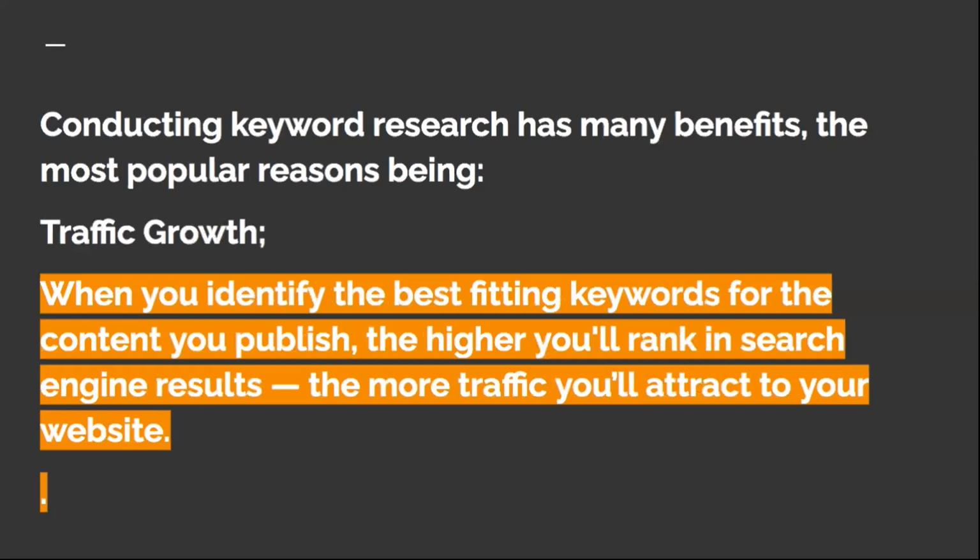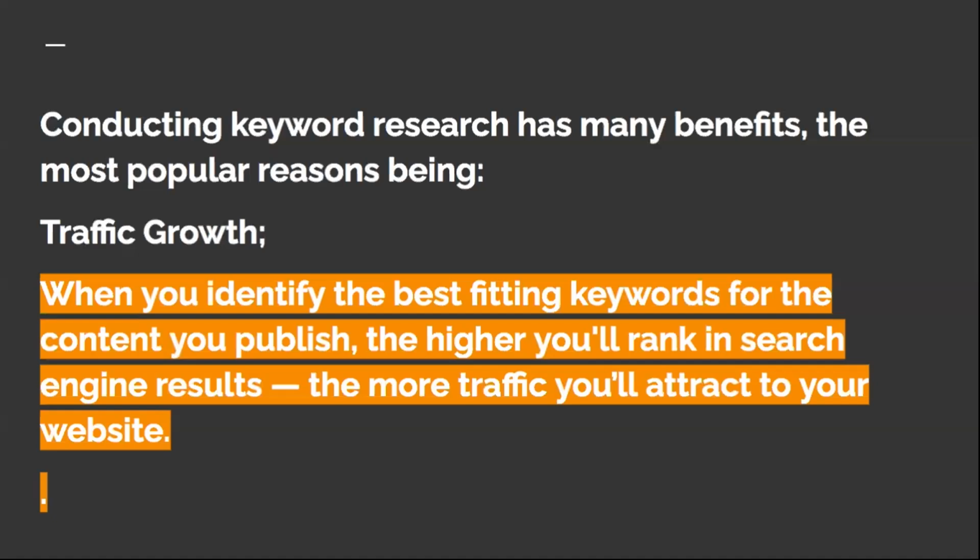So basically, once you identify the befitting keyword, as I said the first time when we were talking about what keyword research is, the same effort you put in can get you higher traffic as well.